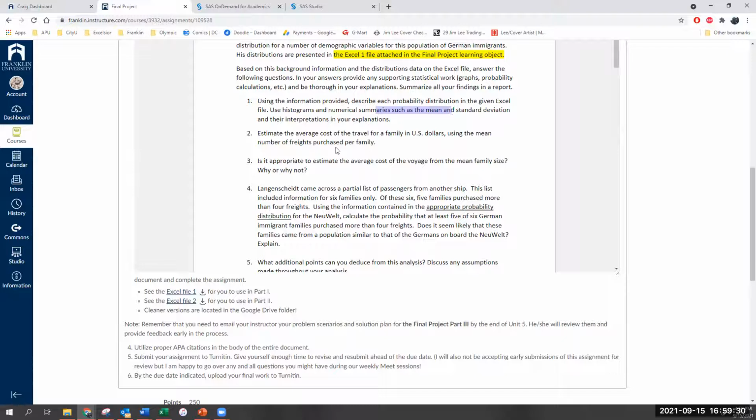No, because they're only doing the average cost based on the mean of the number of freights. So you only need to use the average number of freights that you get from that distribution times the average cost of a freight, to get the overall average cost. Okay, gotcha. Yeah, you're just using that one.